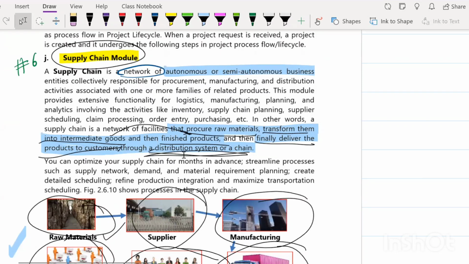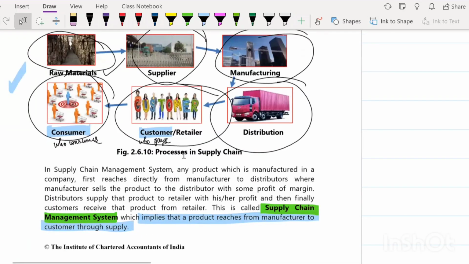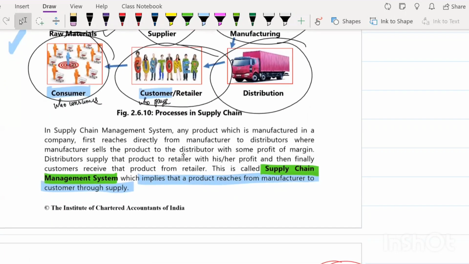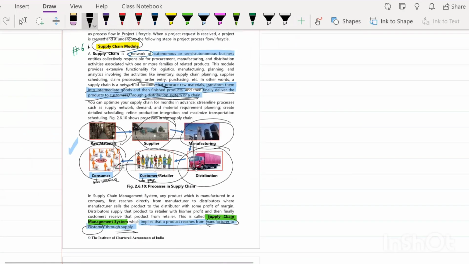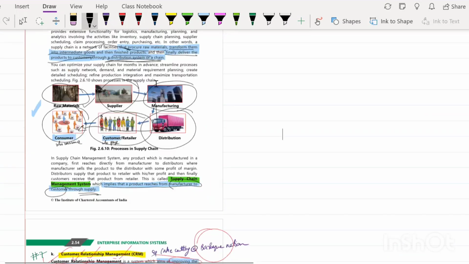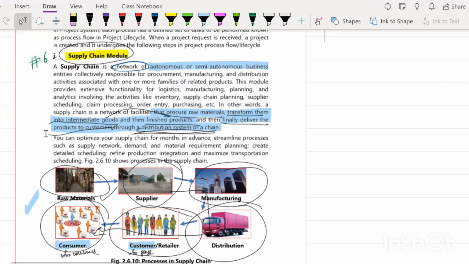It is going to have all the information regarding this process, and it will look after it. Here, as you can see, the supply chain management system implies that the product reaches from the manufacturer to a customer through supply. One after the other, each person is supplying the next, and that's how this module basically works. So this is a small module only, and much information was not given related to it.